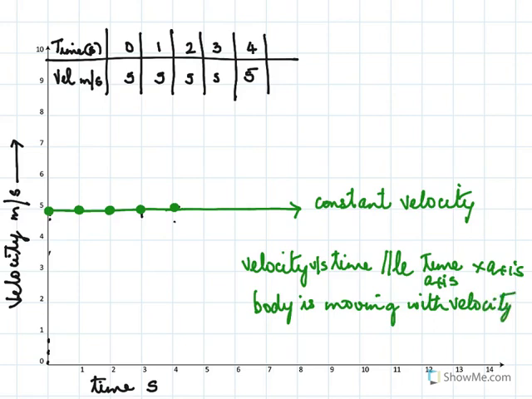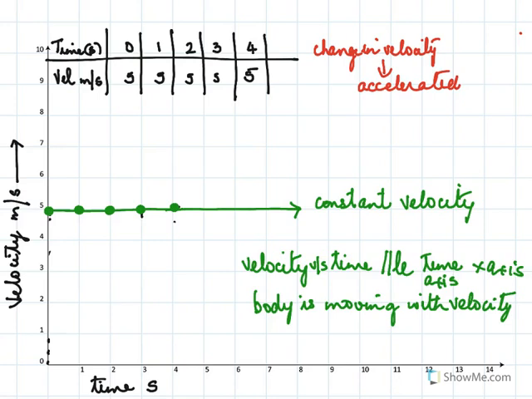Now remember, we learned it last time. When is a body said to be accelerated? If there is a change in velocity, then the body is said to be accelerated. No change, no acceleration. So in this case, is the velocity changing?